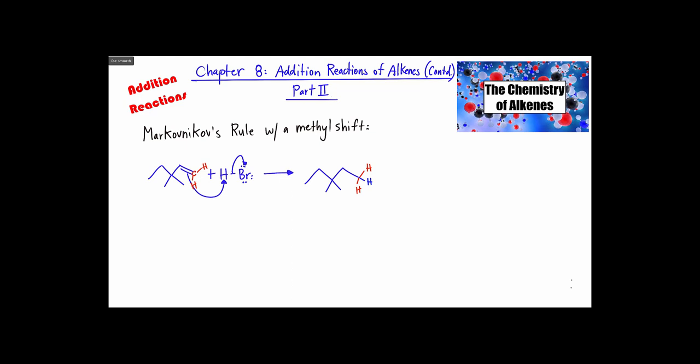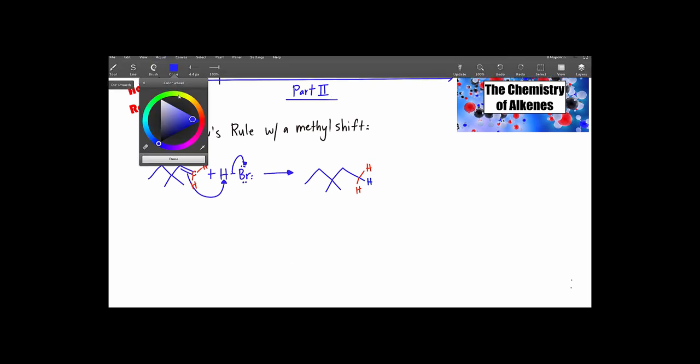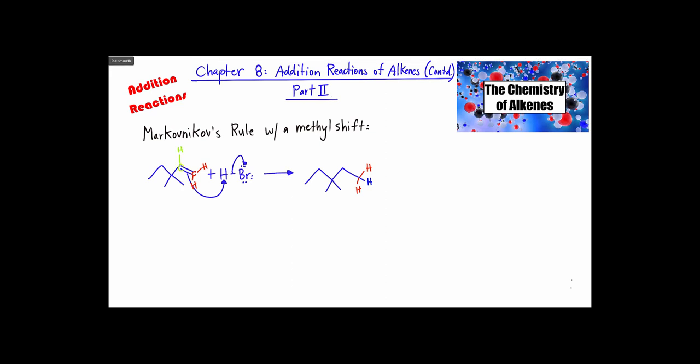Now remember that Markovnikov's rule says that the hydrogen is going to add to the carbon with the most hydrogens in the double bond. So if I compare these two carbons, the green and the red, in that double bond, the red carbon has the most hydrogens. So that's where the hydrogen electrophile H plus is going to add.